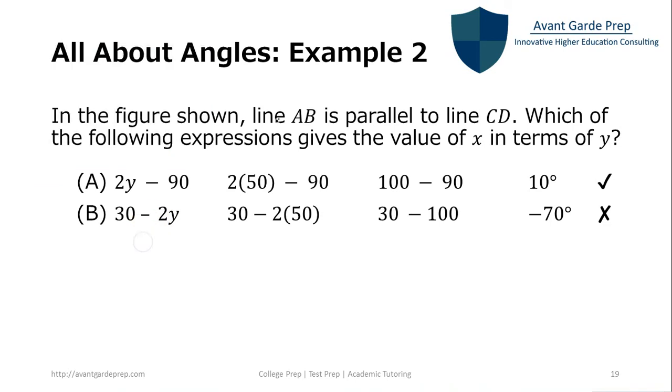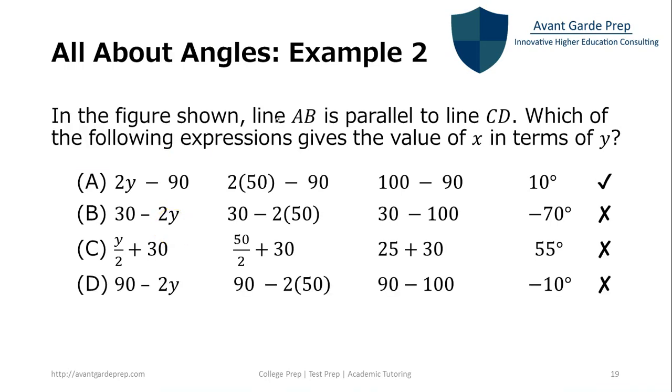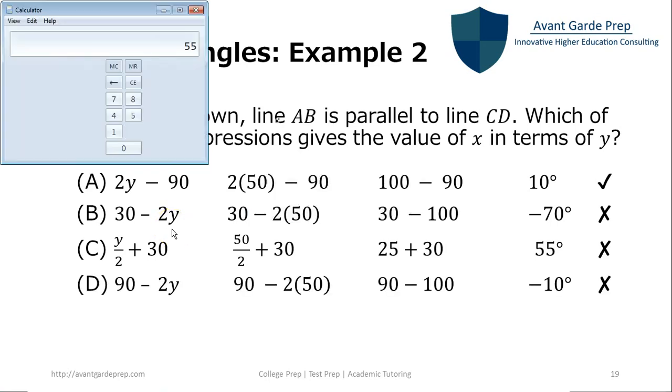So let's move on to answer choice C. Answer choice C is y divided by 2 plus 30. So let's go ahead and do that. So our y value was 50 divided by 2. That gives us 25. Now we're going to add 30 to that, and that gives us 55. Also not 10, so let's go ahead and move on to answer choice D, and that's 90 minus 2y.